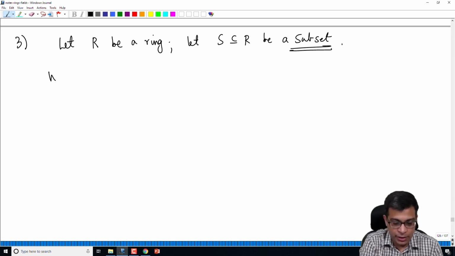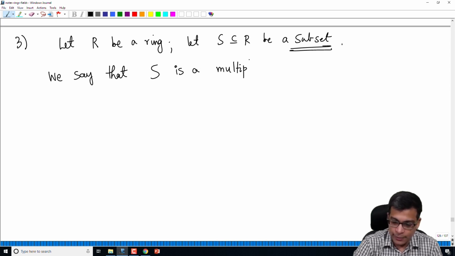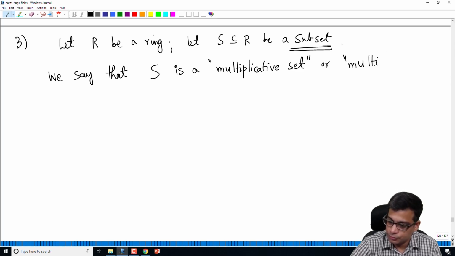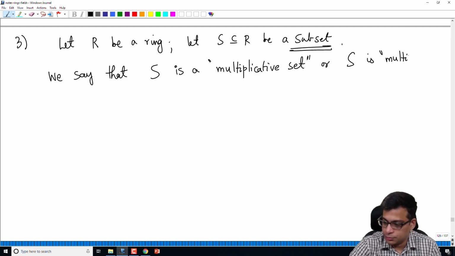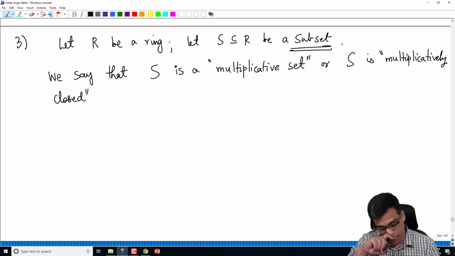So we say that S is a multiplicative set, or a more suggestive name, S is multiplicatively closed. So that's another term for this.